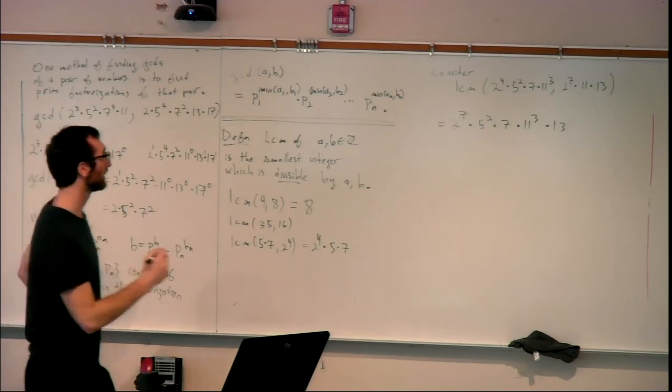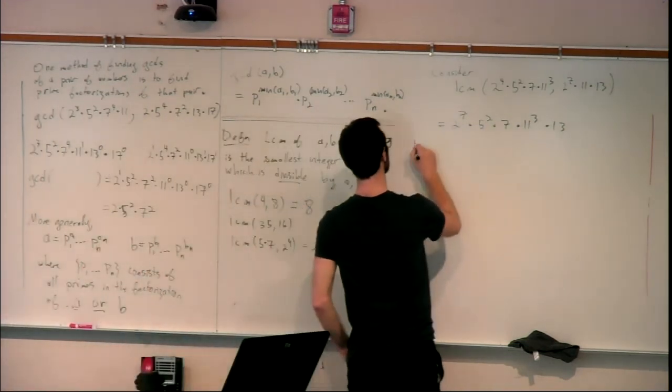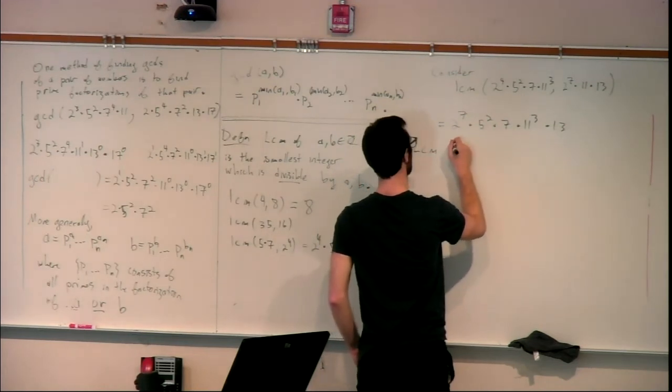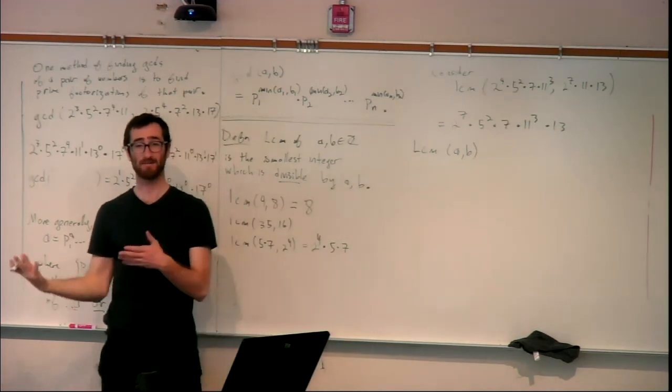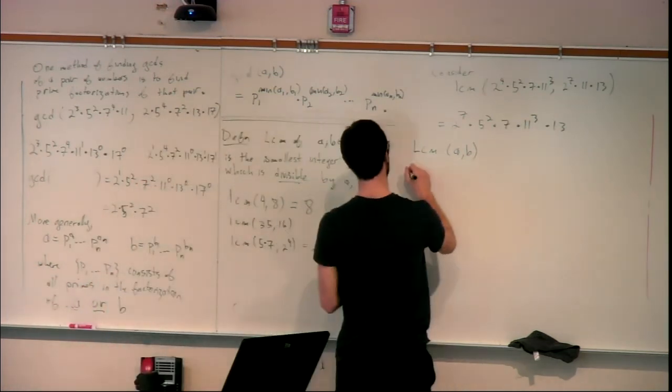So what we are getting here is that for the LCM of A and B, what you should do is write out A and B as we did before.